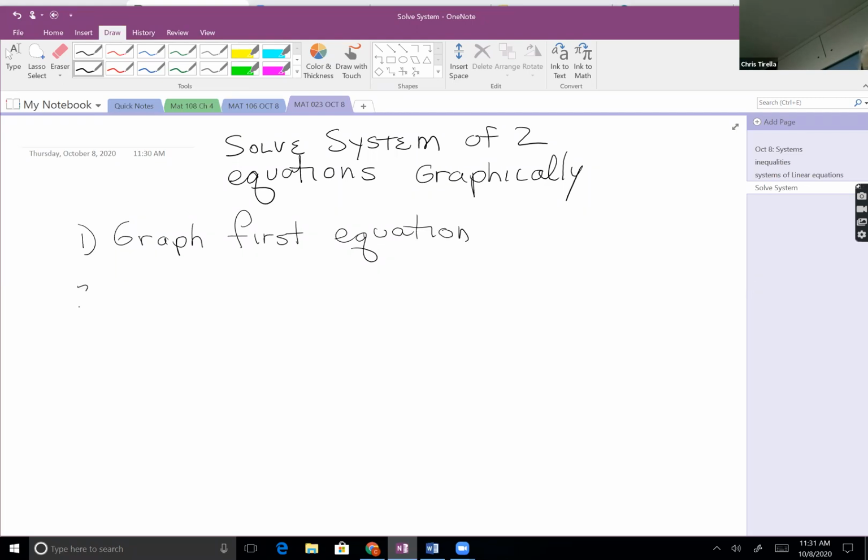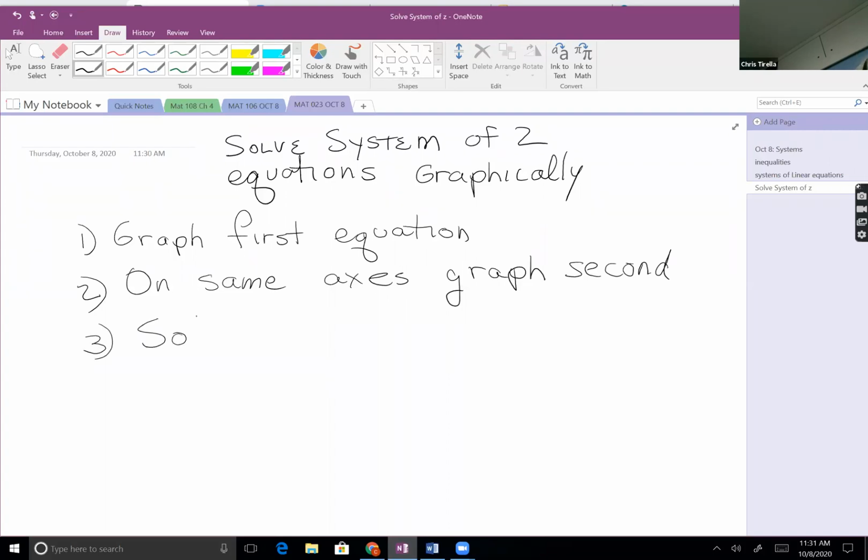Then, after we have that first one graphed on the same axes, we're going to graph the second. And so then we should have two lines. And what's cool is the solution, if it's got to be a part of each equation, it's got to be on each line, so the solution is the point of intersection of the two lines.